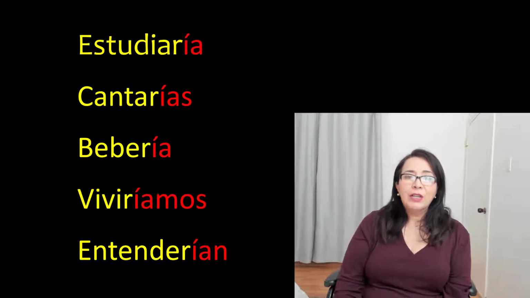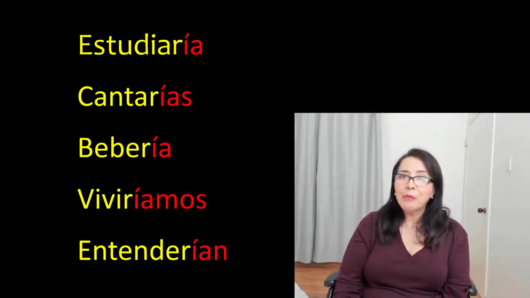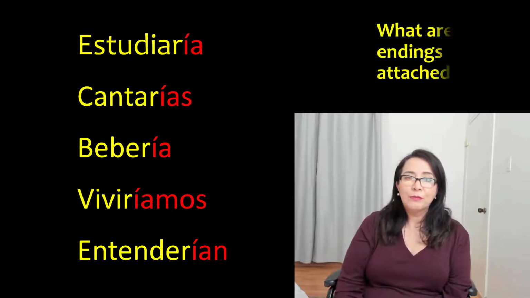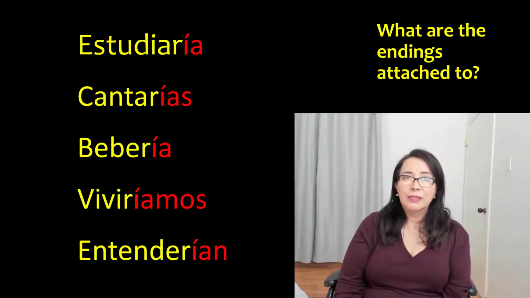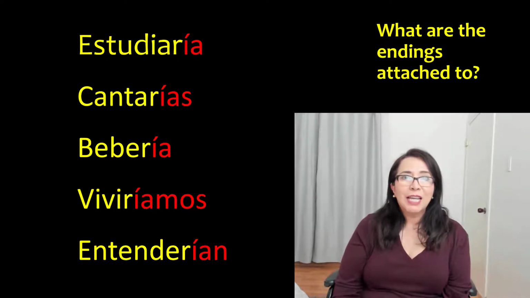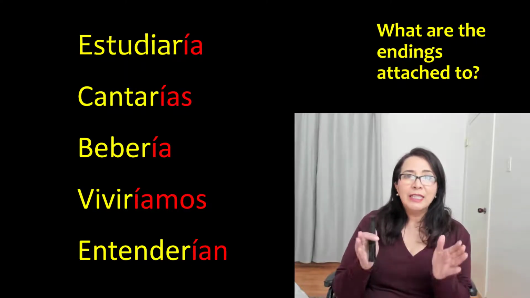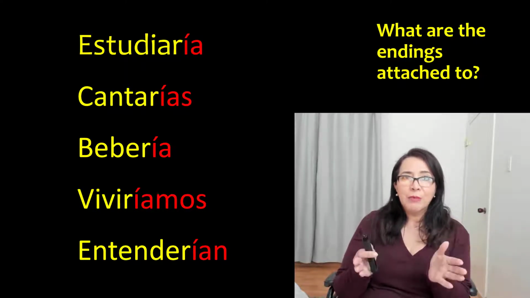Now, take a look at what you have on the screen. I highlighted the endings in red, and the stem I put in yellow. Now, take a look at the yellow part. What are we attaching the endings to? If you take a look at the stems, hopefully you realize that we're attaching the endings to the intact infinitive verb.